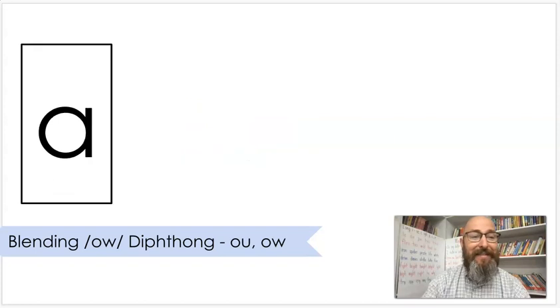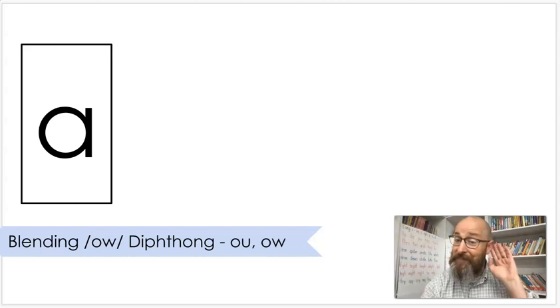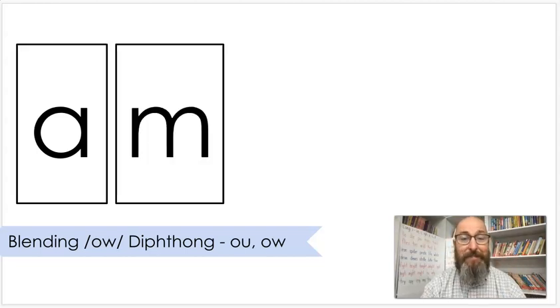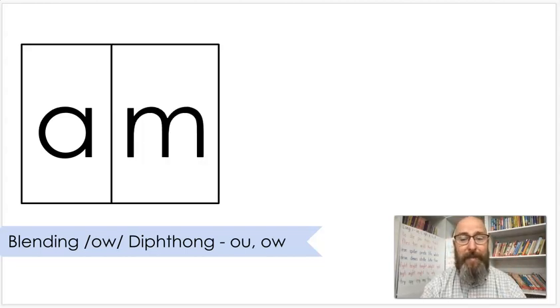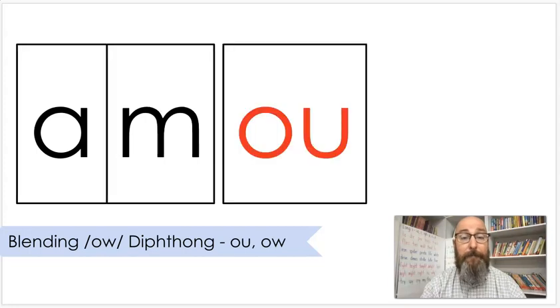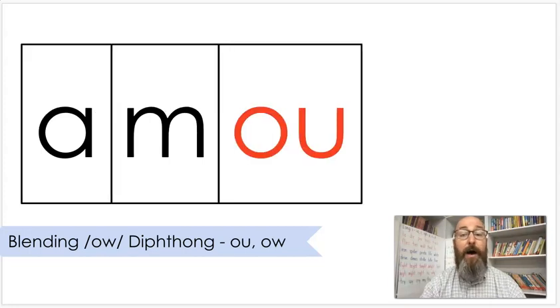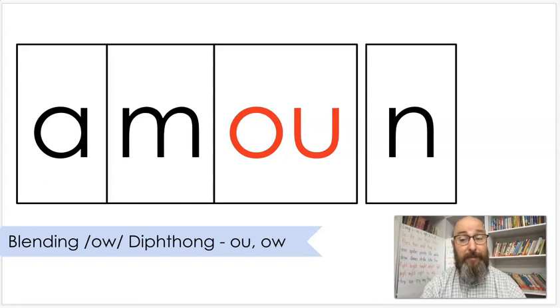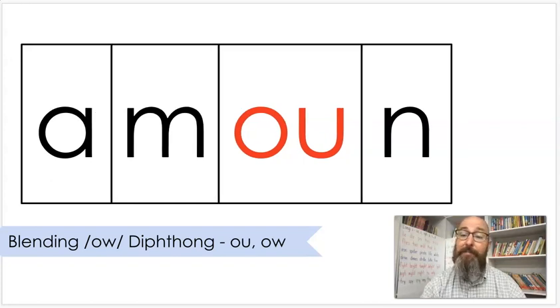All right. Sound. I know it's a schwa. I snuck one in there. It makes the uh sound instead of the a or a. So let's say Put that together. Mow. A mountain. It's a big word.